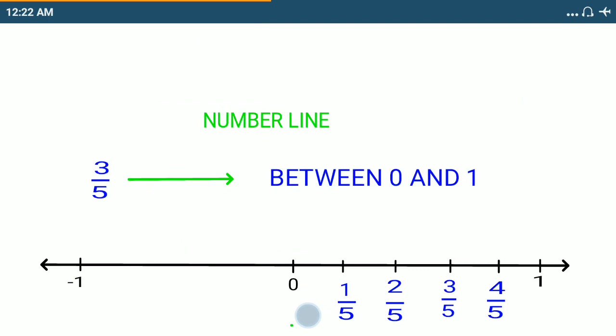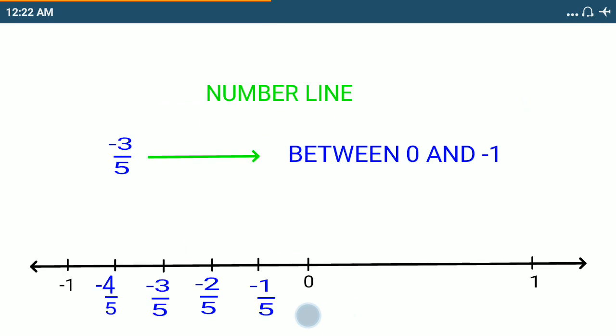Here, since these are two parts, we mark 2 by 5. Similarly, we can plot minus 1 by 5 and minus 2 by 5 here. Students, this was just for your understanding, and you don't need to mark all the points if you are asked to mark just 3 by 5 and minus 3 by 5.